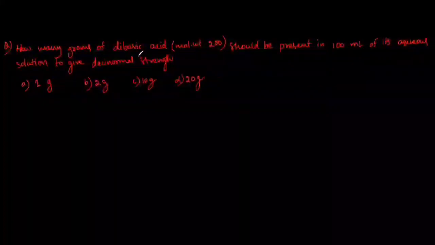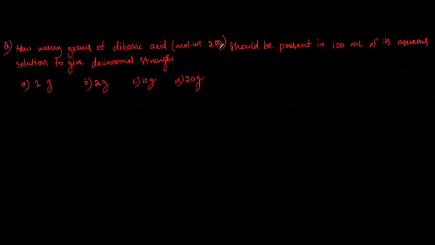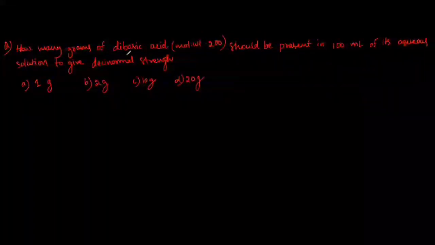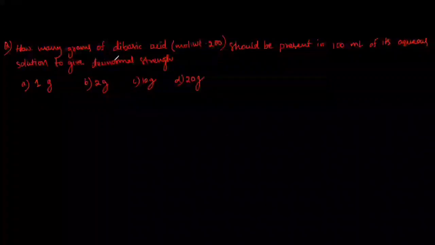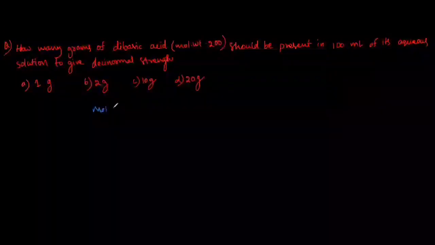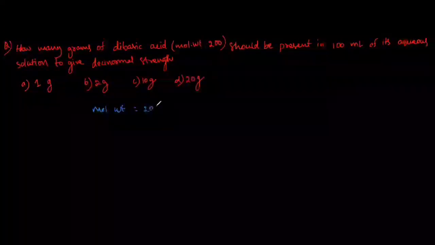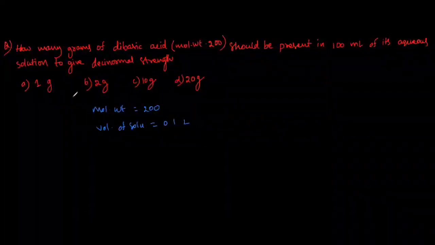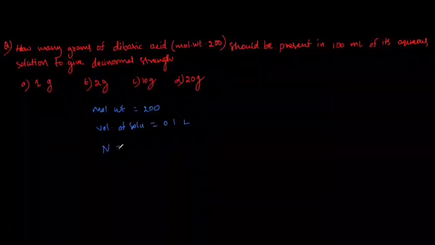How many grams of dibasic acid, molecular weight 200, should be present in 100 ml of its aqueous solution to give decinormal strength? From the given data, molecular weight is 200, volume of solution in liters is 0.1 liter and normality is 0.1.